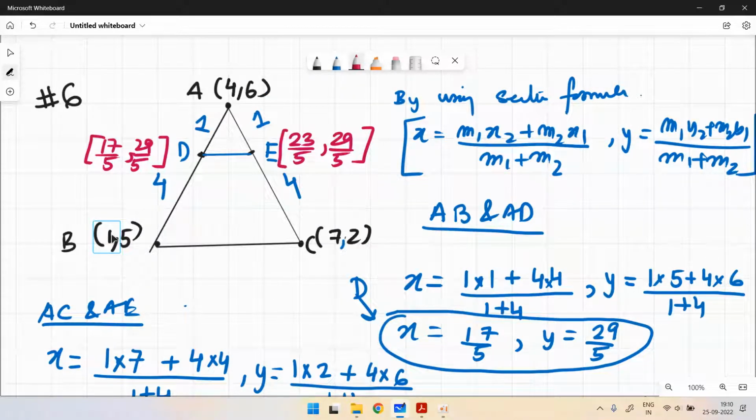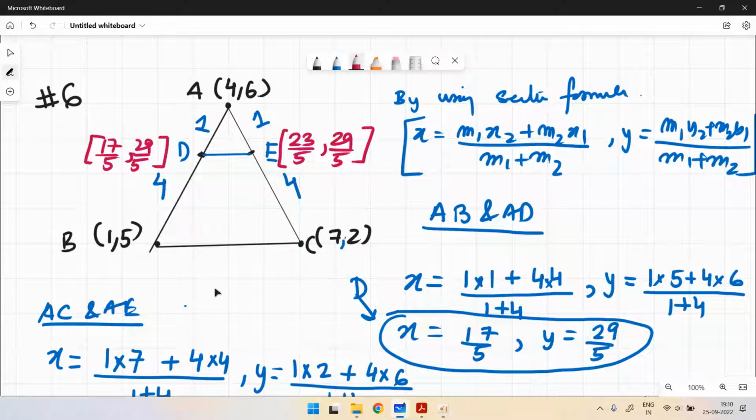So this is x for D. I'm calculating this for D, so this is 1 into 1 plus 4 into 4 by 5 plus 1, 17, and this is 1 into 5 plus 4 into 6, so 24 plus 5 is 29 by 5. Yes, D is correct.